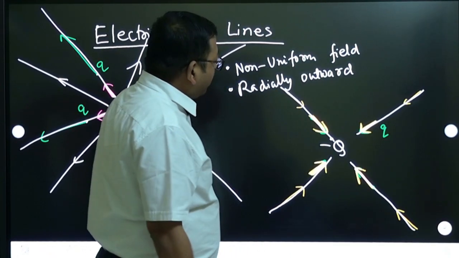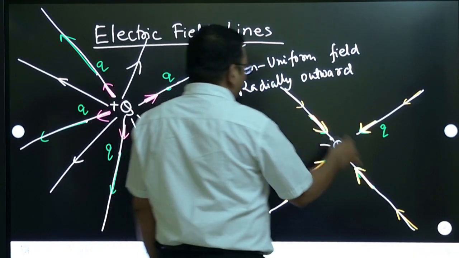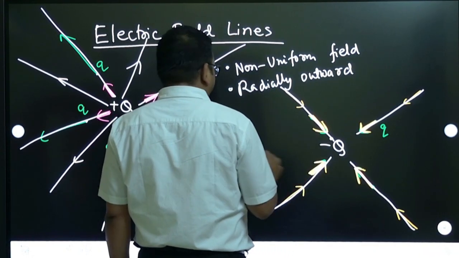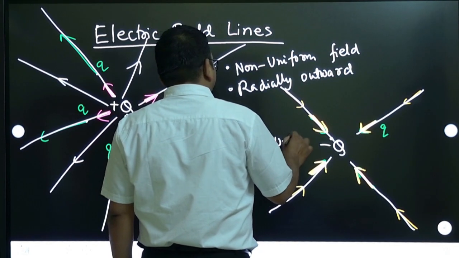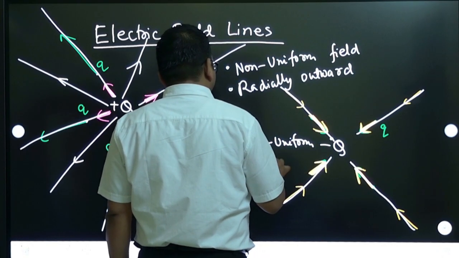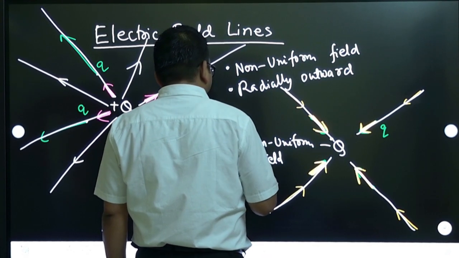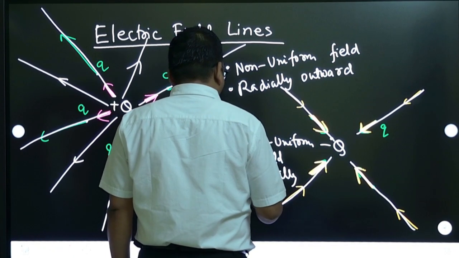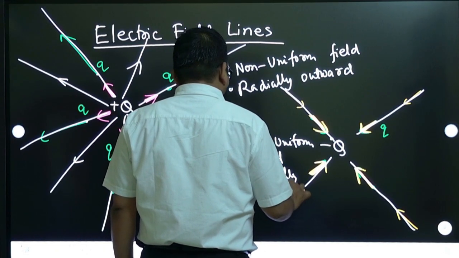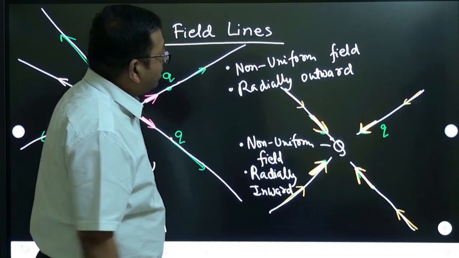In the case of a negative charge, it is radially inward.